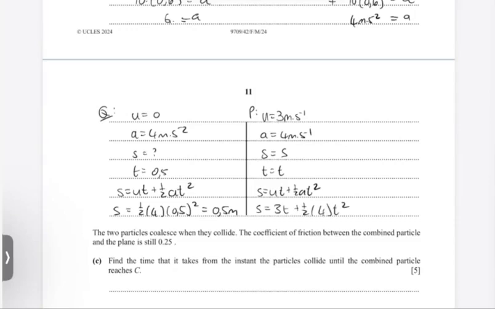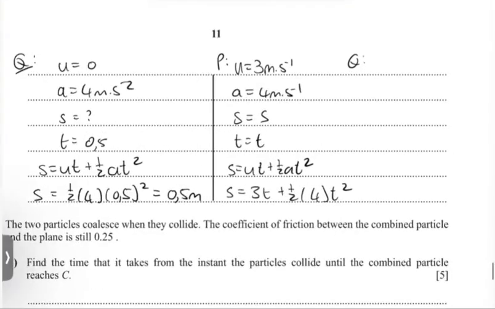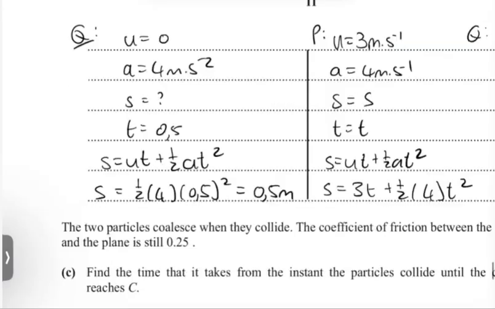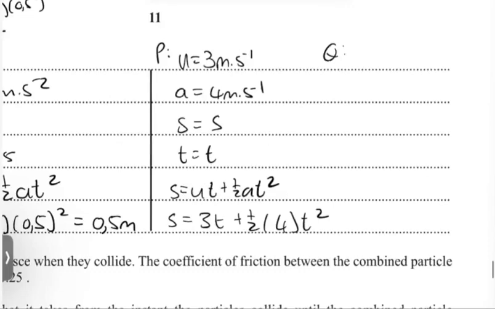Okay, and then my Q particle, it is going at a speed. I'm just going to work that out here. I would probably definitely need to be using the additional page right now, but anyway. 4 times 0.5, so that's 2 meters per second. So it's got an initial speed of 2 meters per second.